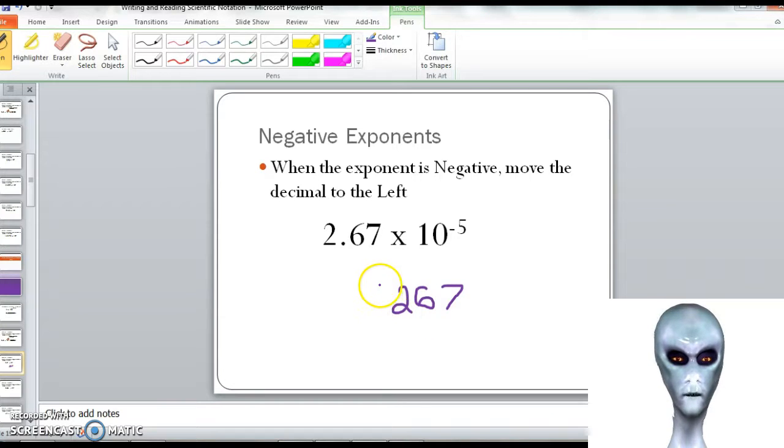So 1, 2, 3, 4, 5. To the left 5 times. I'm not sure if I said 5 or 7. My alien brain doesn't work sometimes. So 2.67 times 10 to the negative 5th power would be 0.00000267.